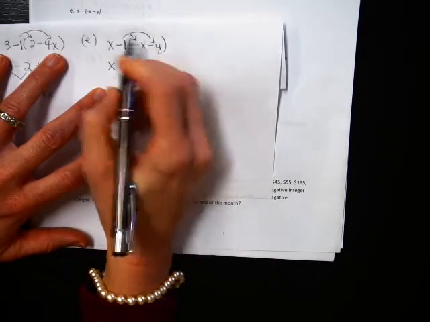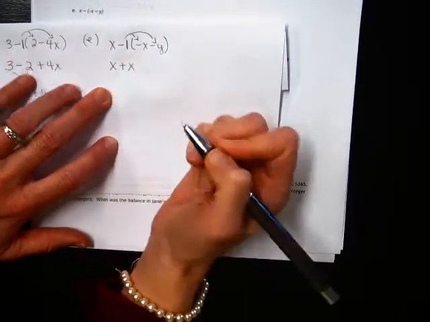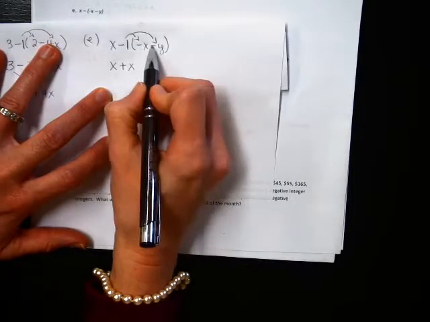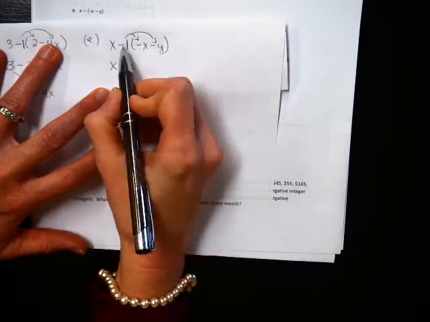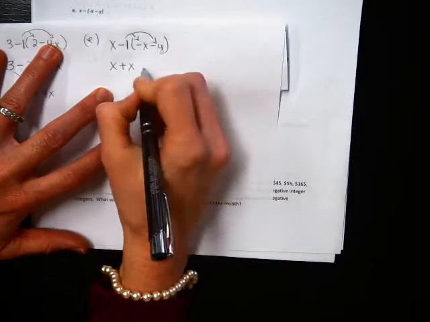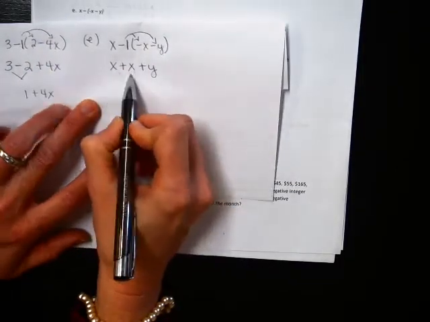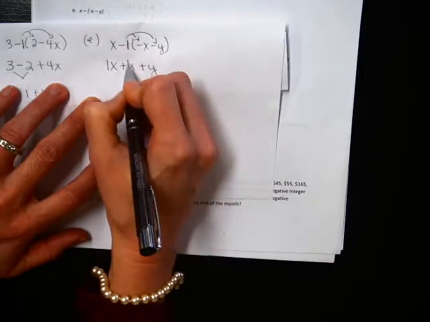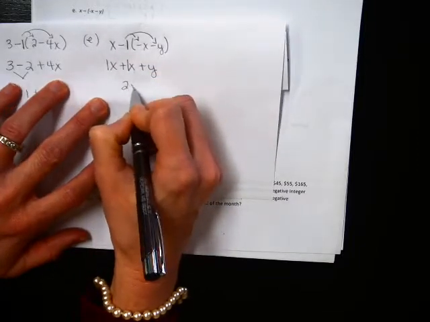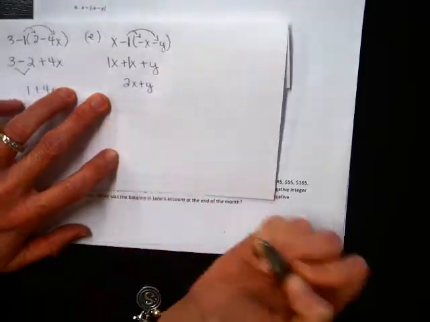Well, a negative times a negative is positive, so plus x. And negative 1 times negative y, well, negative times negative makes that positive, or plus y. I need to combine my two terms here in the front, so that's really 1x plus 1x, which gives me 2x plus y for my final answer.